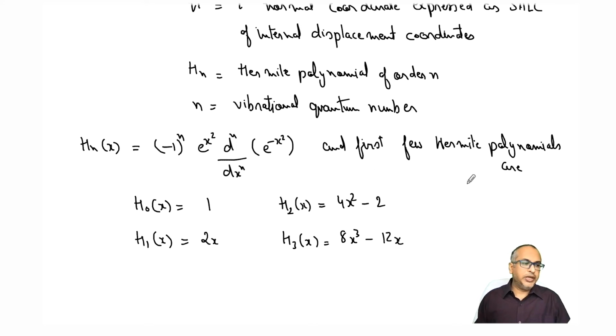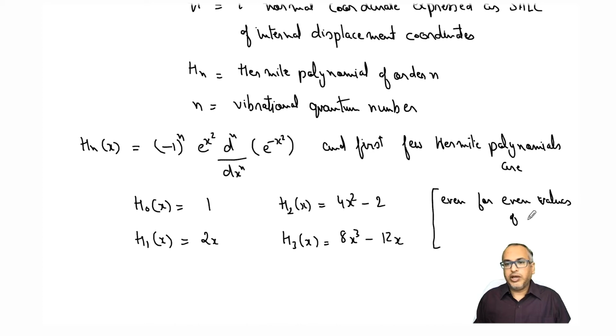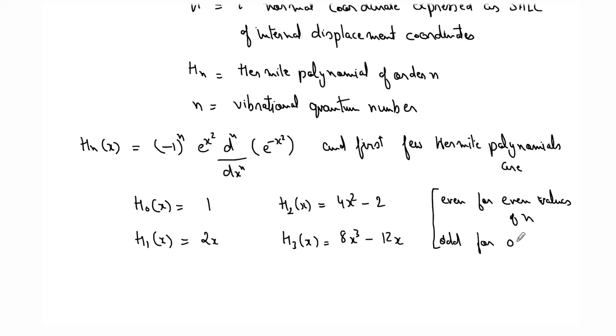Okay, so if you see, there is a trend. It is even for even values of n, right? And it is odd for odd n, right?